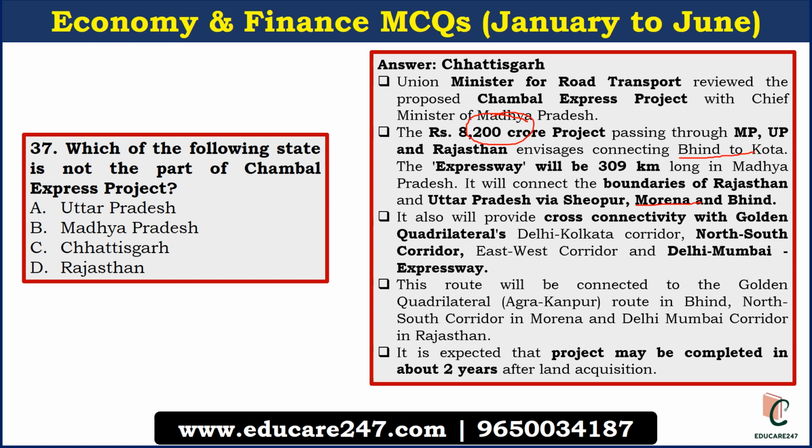This route will connect to Golden Quadrilateral route in Bind and North-South corridor in Morena and Delhi-Mumbai corridor in Rajasthan. It is expected that this project will be completed within 2 years after land acquisition, and this will be a path-breaking project for the development of Madhya Pradesh, and transportation is a very important topic under economics.